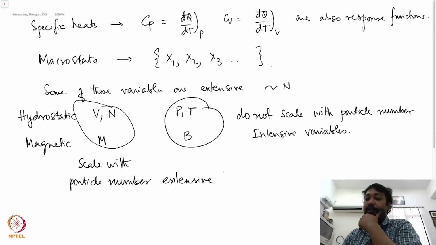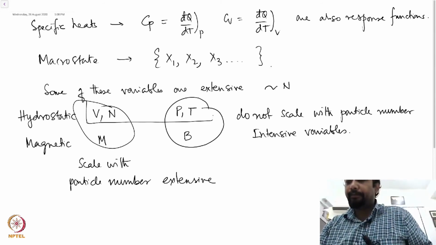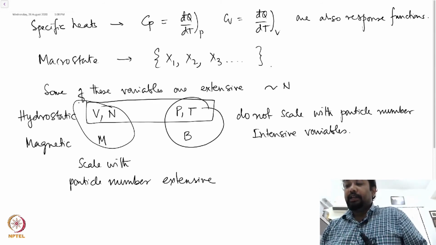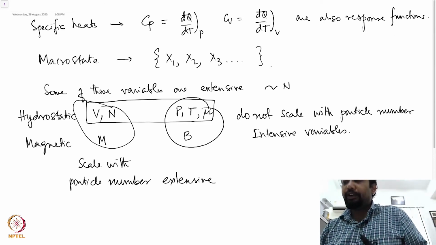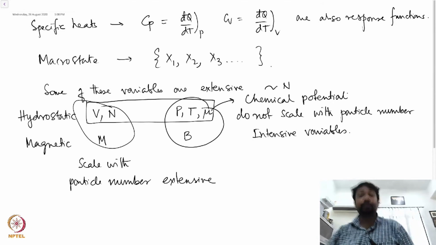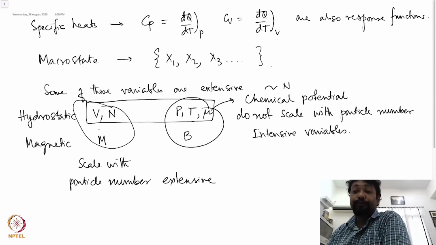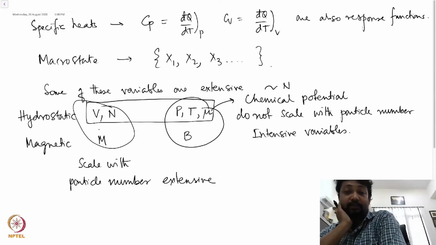We want to make one more classification here. Let's start with the hydrostatic system. Here of course there is yet another quantity which is called the chemical potential of the system, which probably you have encountered when you did chemical kinetics. Now, if you look at these thermodynamic variables, two of them are extensive variables, volume and particle number, and the other three are intensive variables, which do not scale with number.